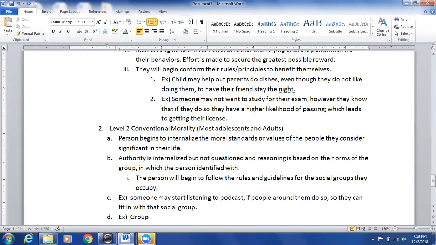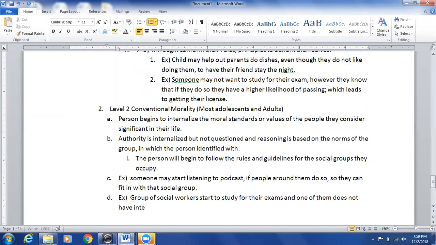And another one is a group of social workers start to study for their exams, and one of them does not have interest in taking the exam.